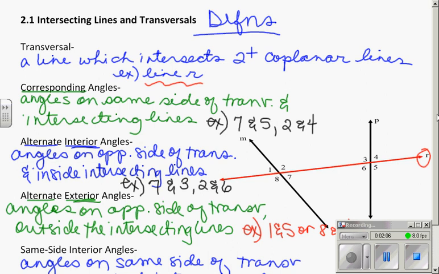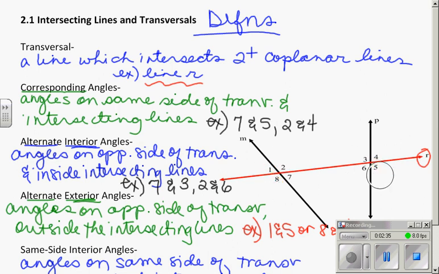Now, alternate interior are on opposite sides of the transversal and inside the intersecting lines. So 7 and 3 and 2 and 6 are alternate interior angles. Alternate exterior are going to be outside the intersecting lines and on opposite sides of the transversal, like 1 and 5 and 8 and 4.